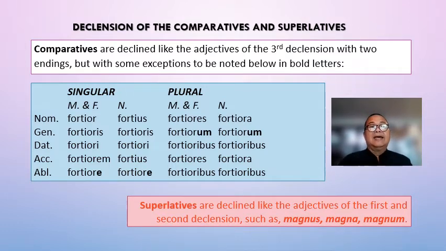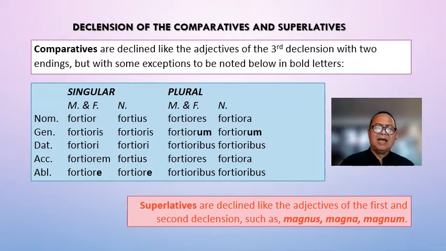Now, for the comparative degree of adjectives, you will decline them like the adjectives of the third declension with two endings. But there are some exceptions, and they are noted below.